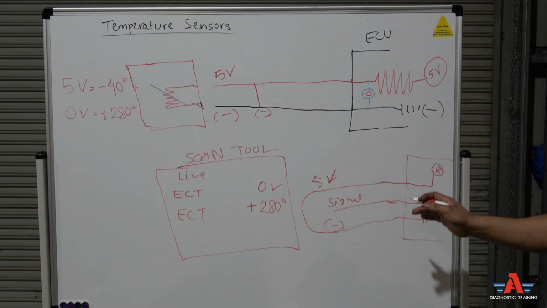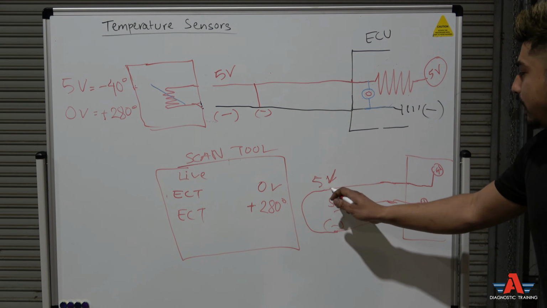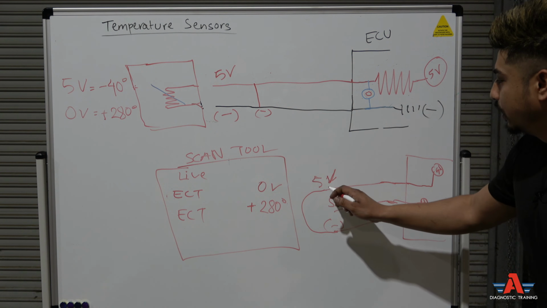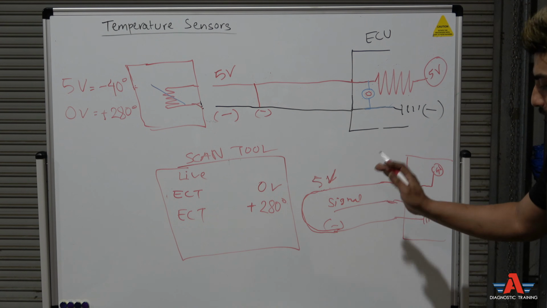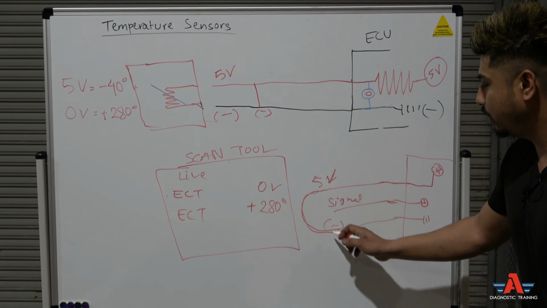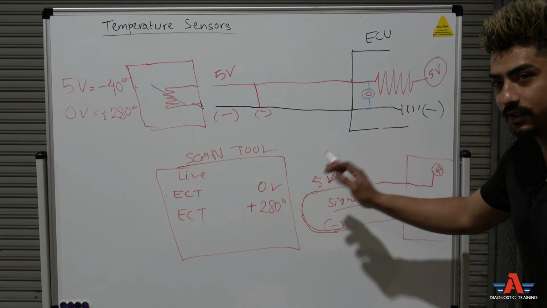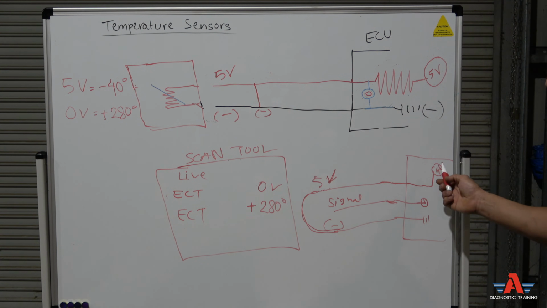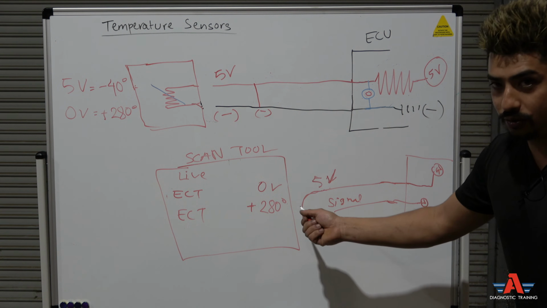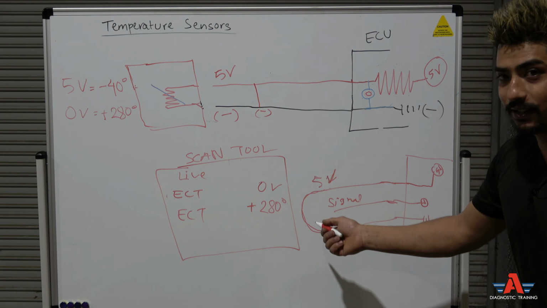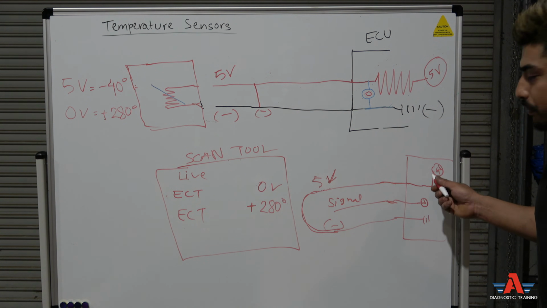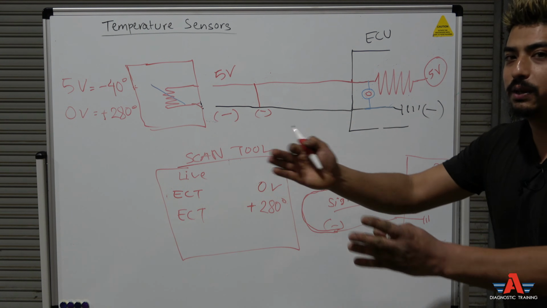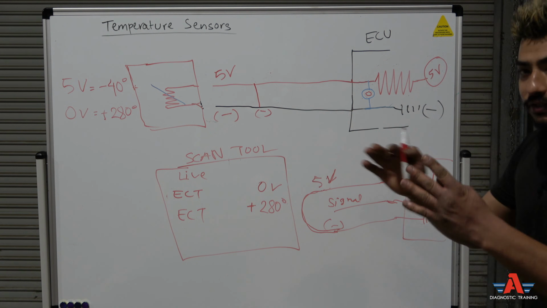So in this example, I'm just trying to show you, because it comes directly from the source, it's always best practice not to short it to ground for any reason, okay? If it's shorted to ground in the wiring harness, in the sensor or whatever, it's going to pull all the 5 volts to ground, not only for that circuit, but for other circuits too, because a lot of the time the computer will share that 5 volt to multiple different sensors that need 5 volt.